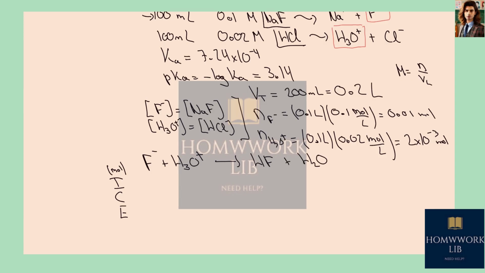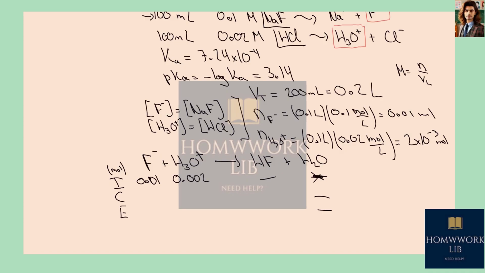Initially, of F minus, I'm going to have 0.01. Of H3O plus, I have 2 times 10 to the minus 3, so 0.002. Of HF, I have nothing, and water is not going to matter because that is a condensed phase, and it doesn't enter into any equilibrium constant.